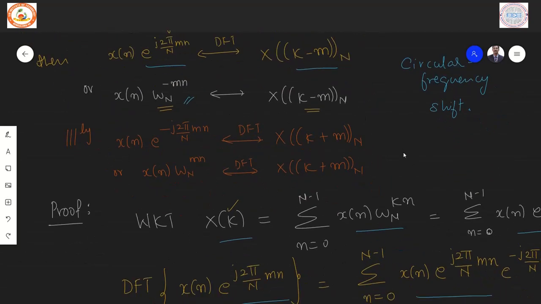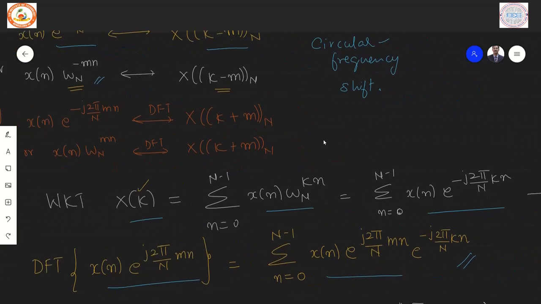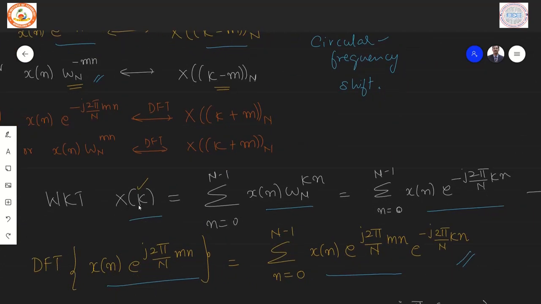Let us go for the proof of circular frequency shift. Now the proof goes something like this. Once again, we start with the definition of the DFT. In the definition of DFT, we prefer to write the twiddle factor in the exponential form because we know we are dealing with exponents here. So we'll change W_N to be written in the exponential form.